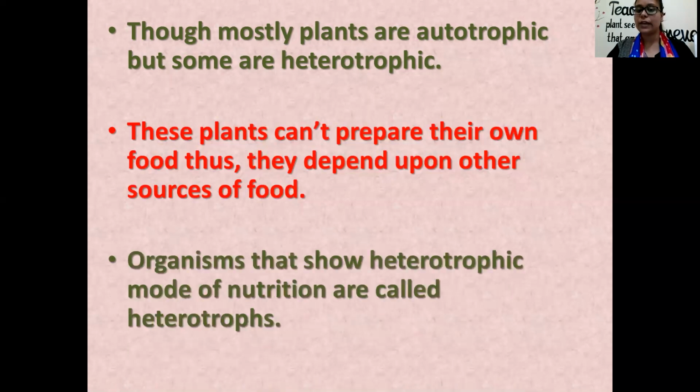Organisms that show heterotrophic mode of nutrition are called heterotrophs. So the organisms, be it a plant or an animal, which cannot synthesize their own food, are called heterotrophs.